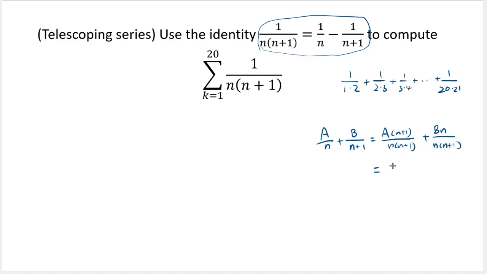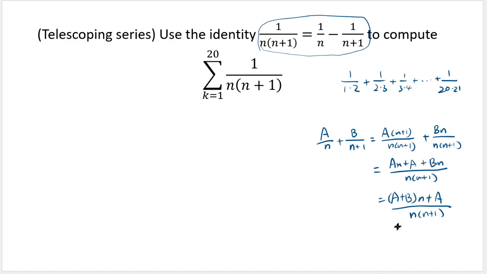You can put them together, so you have a times n plus 1 plus b times n, over n times n plus 1. This is not the index, it's not b sub n, it's b times n. Sorry, they look that way. But anyway, since this is a times n and b times n, I can combine them and factor the n out. So you have a plus b times n plus a over n times n plus 1.